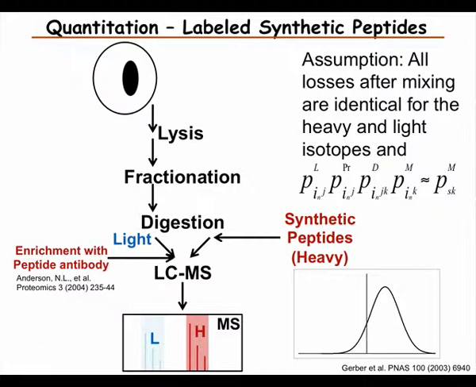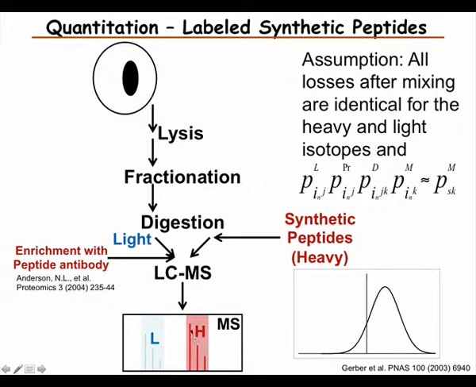I feel like I'm not following. What is the point of having light and heavy? The difference is because we want to identify the control sample from the experimental sample. Yes, sorry, maybe I wasn't clear on that. In the mass spectrum, for every peptide you will have one isotope distribution that corresponds to the light and one that corresponds to the heavy.